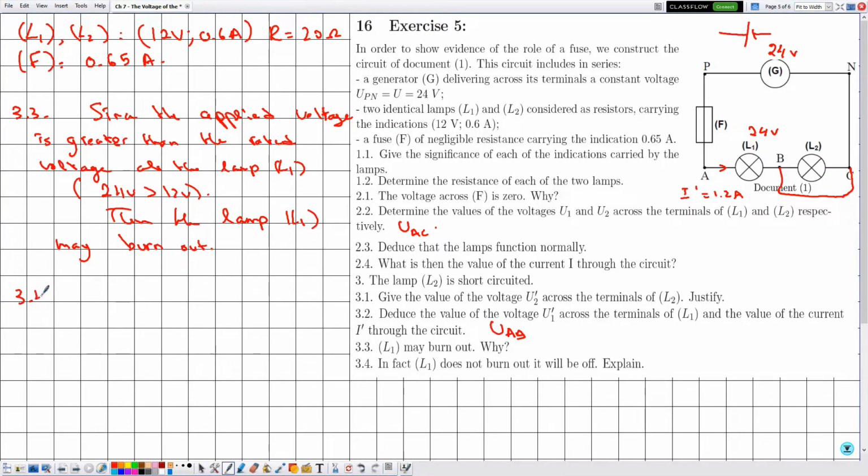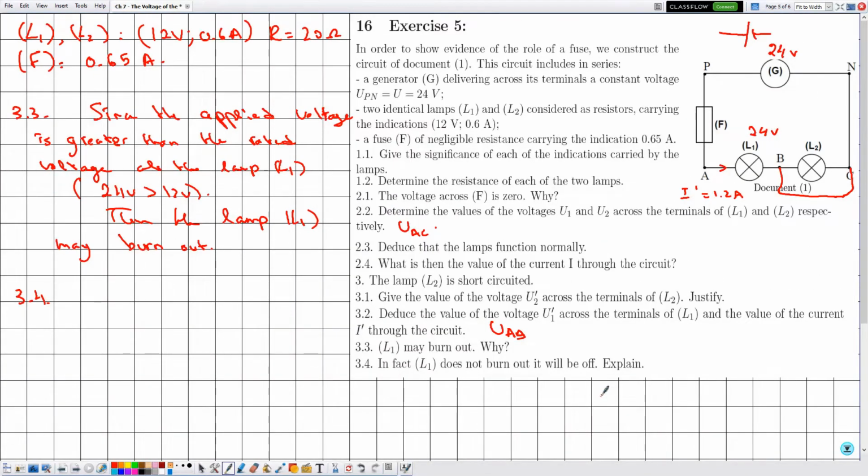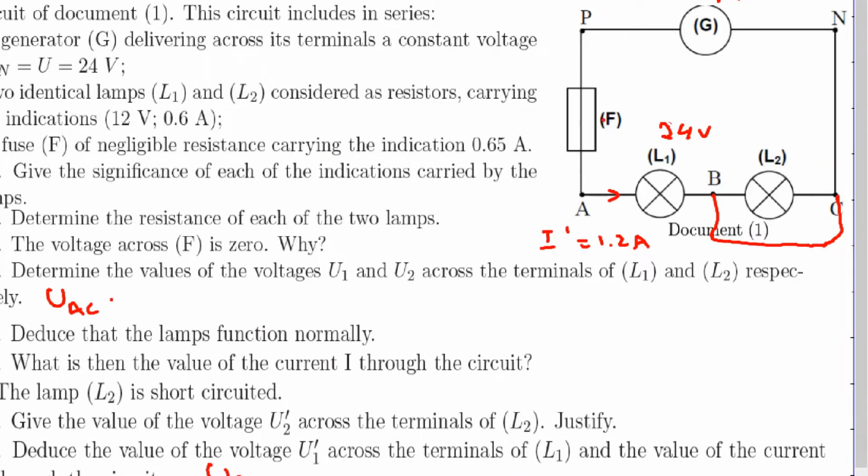Now in 3.4 they are telling us, so "may" refers to the probability that the lamp L1 will burn out. Now the fact that L1 doesn't burn out will be explained, and this usually happens due to the presence of the fuse in the electric circuit. Now let me also mention that the response of the fuse is much faster than the response of the lamp.